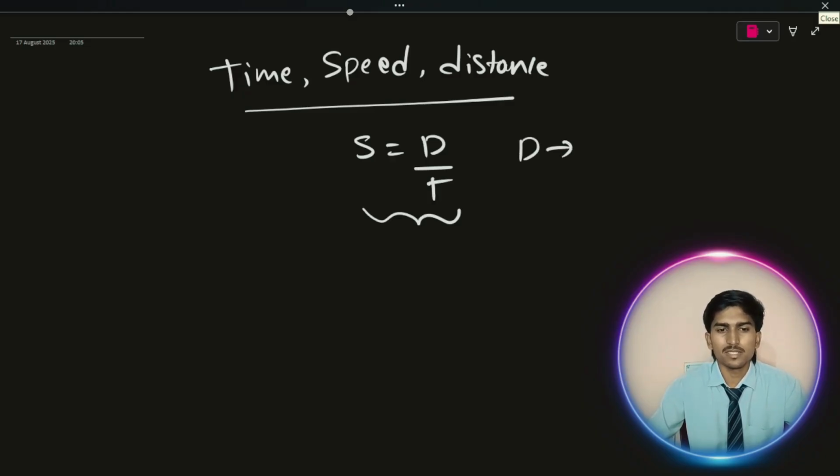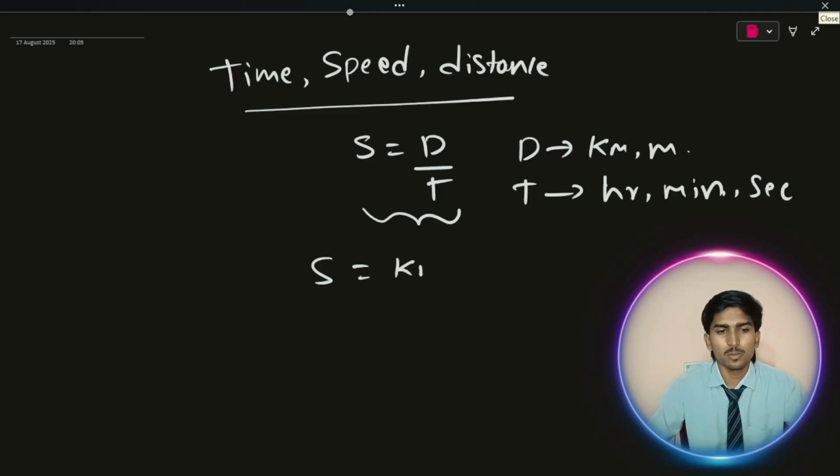What are the units of distance? That is kilometer or meters, and time units are hour, minutes or second, and from that we can get speed units, that is distance by time, meaning kilometer per hour or meter per second.